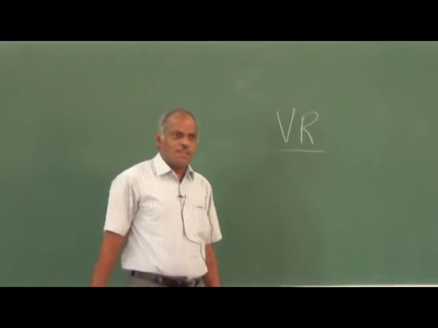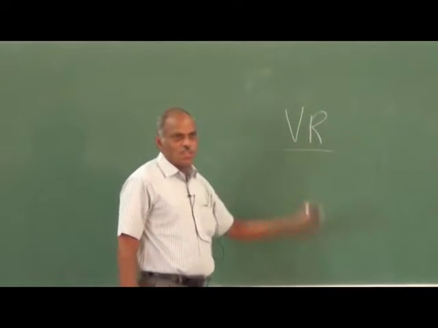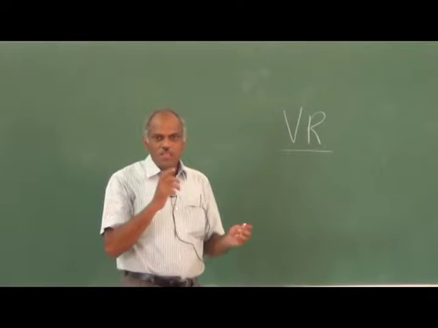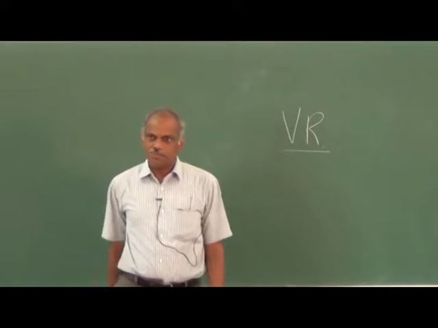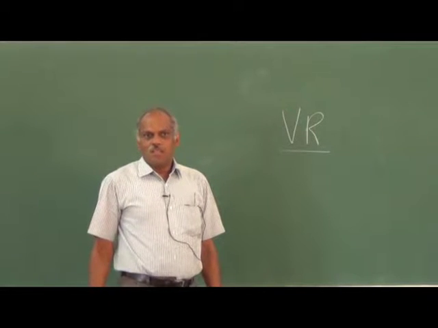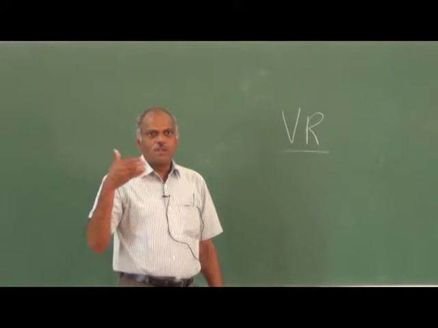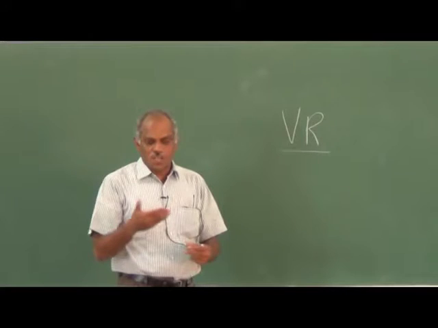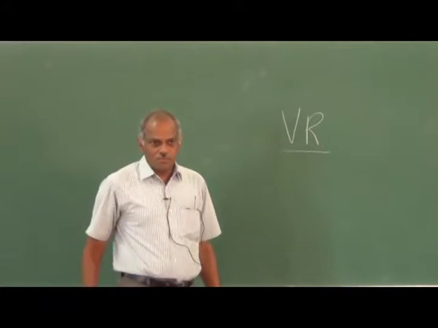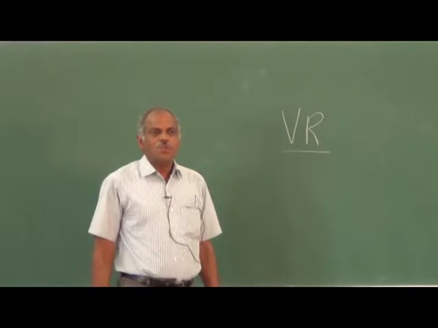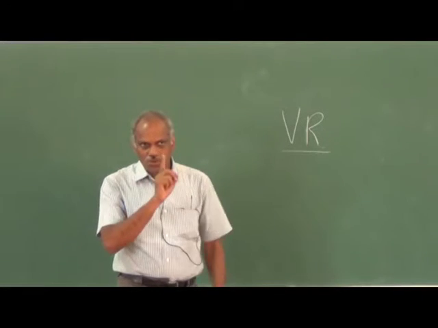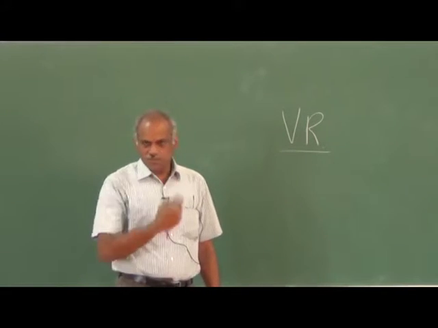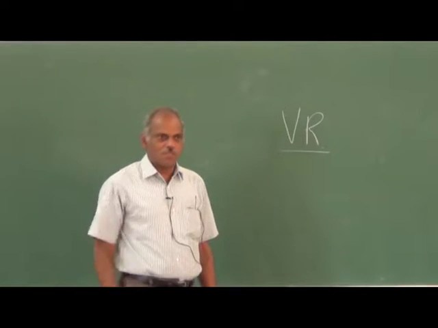So virtual reality is close to reality in the sense that initially a photograph will be taken, which is a 360-degree photograph. Then the cheaper versions come with a mobile that can be put in the headset. When you look in this direction, what you see will be shown in your eyepiece.